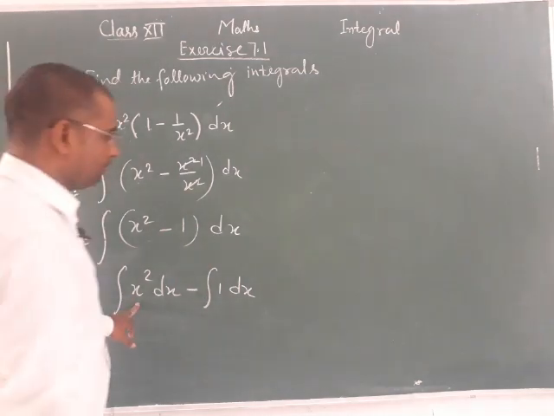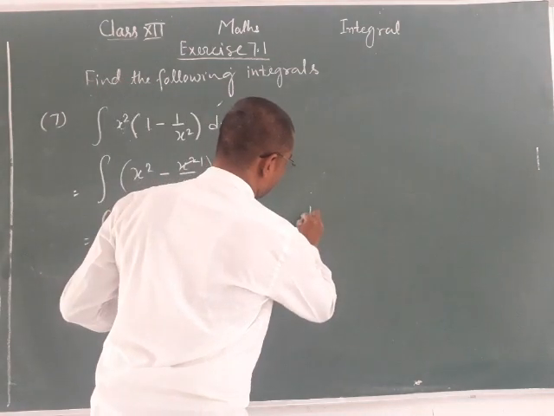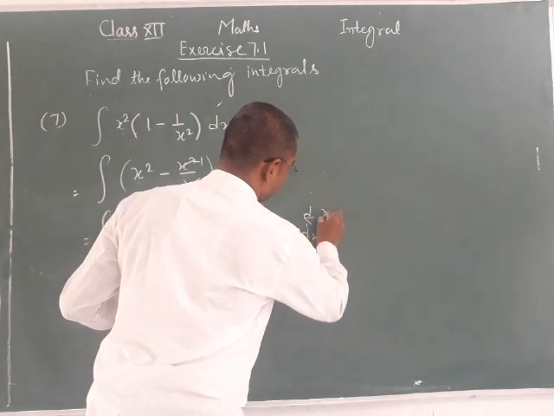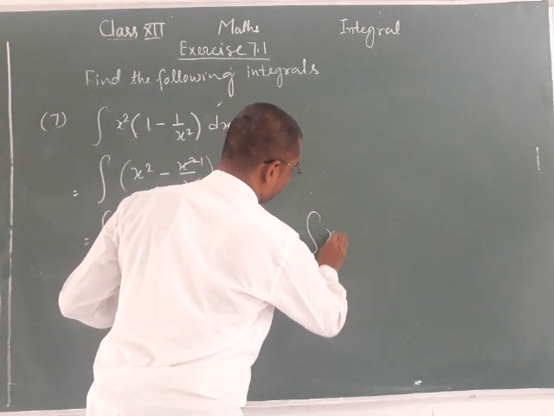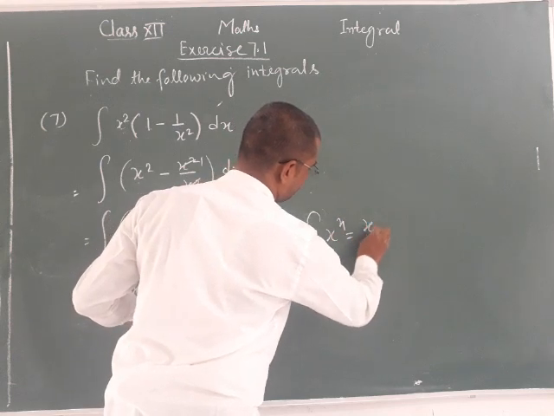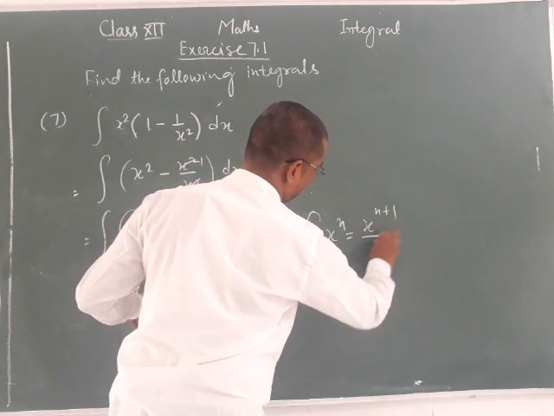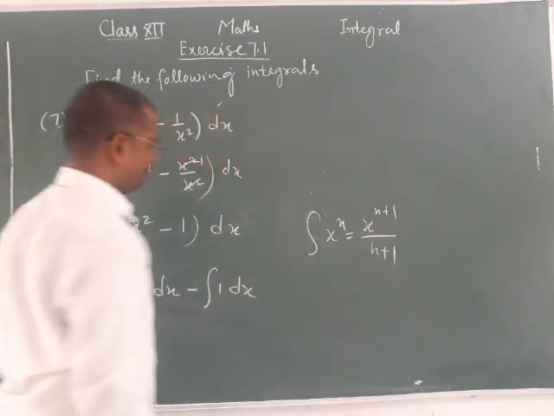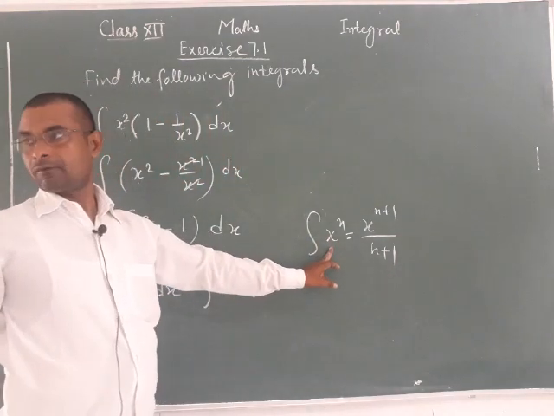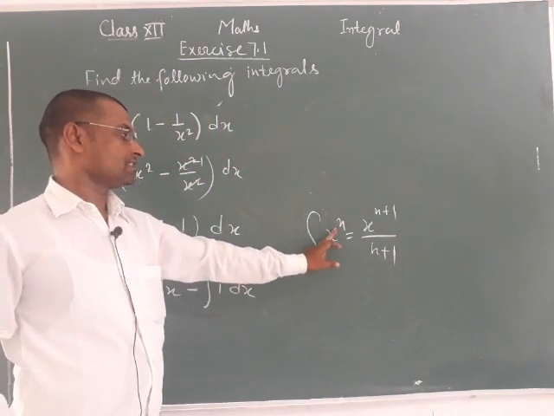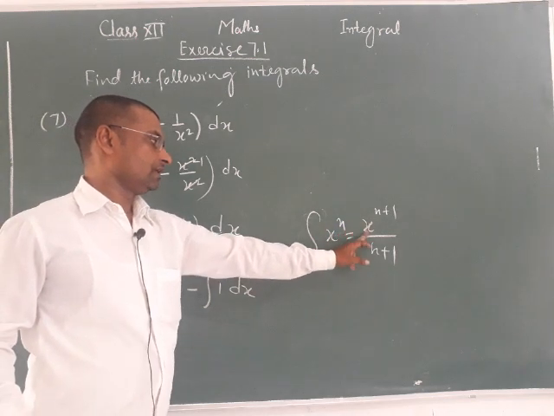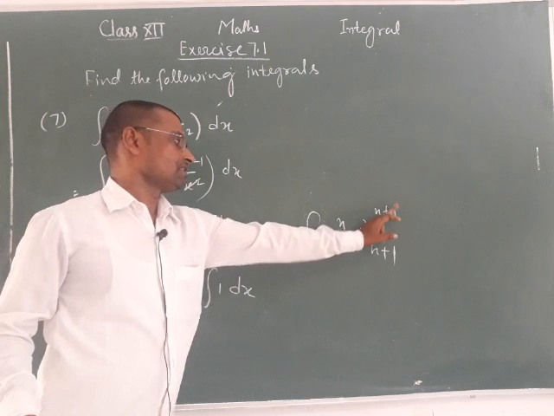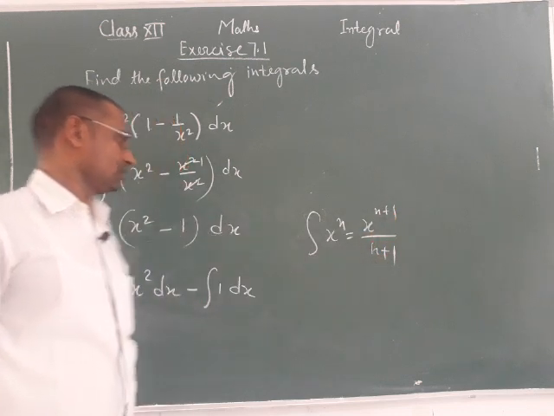Now we know that the integration of x power n is equal to x power n plus 1 upon n plus 1. So using this formula for x power n, we get x power n plus 1 upon n plus 1.